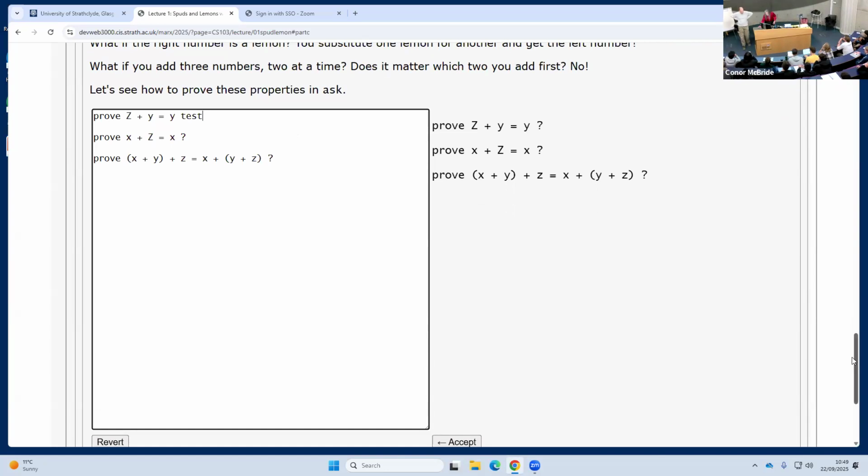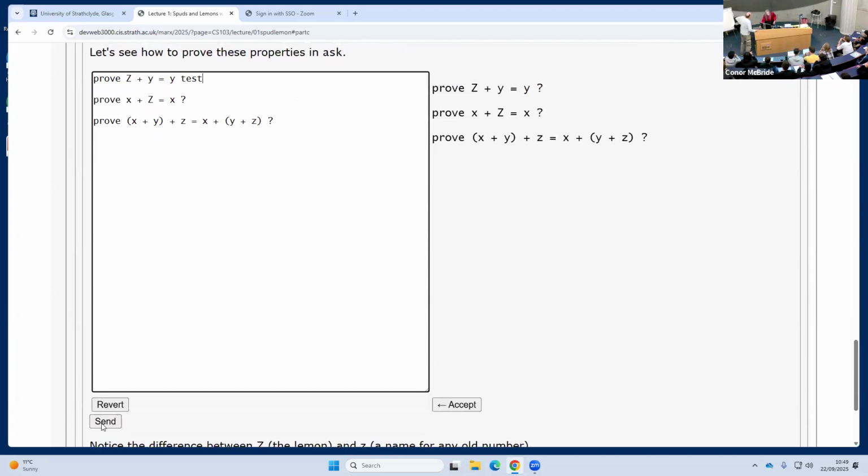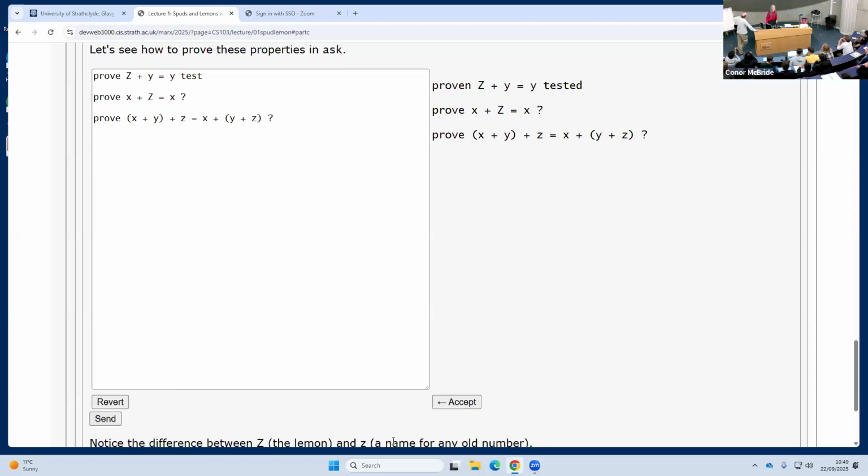So if I say test here, then yes, actually just testing the program by using its defining equations was enough to prove that fact. So prove turns to proven when you've succeeded.